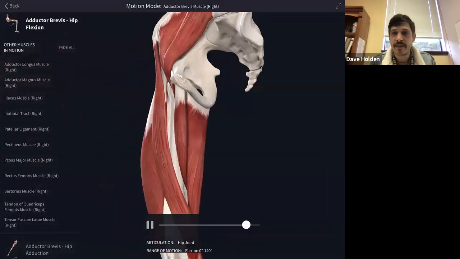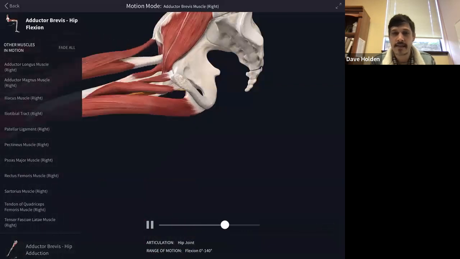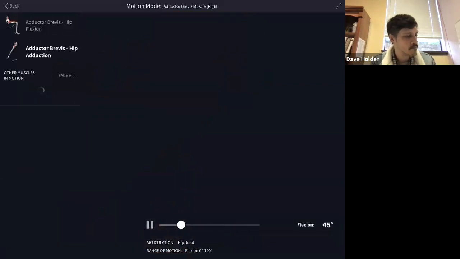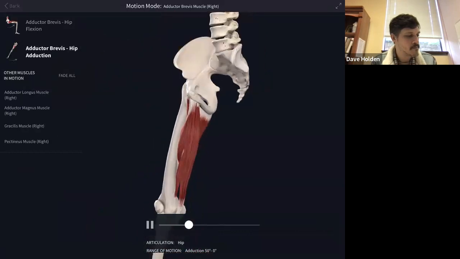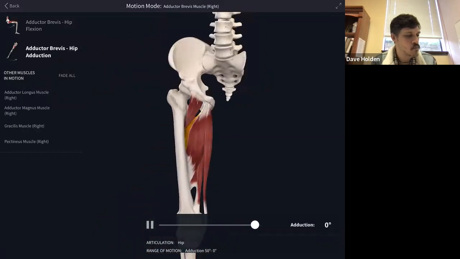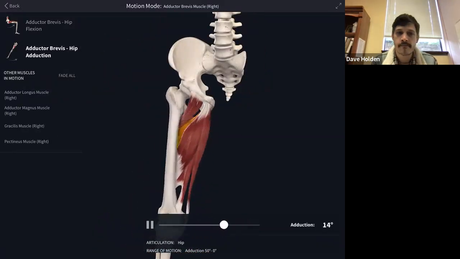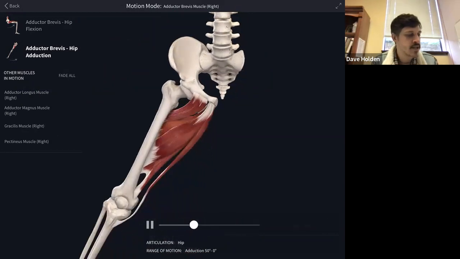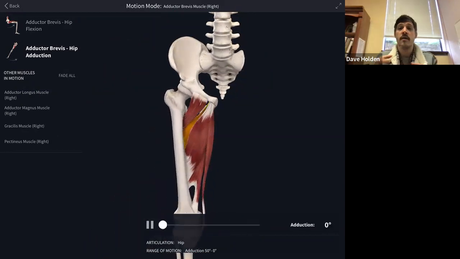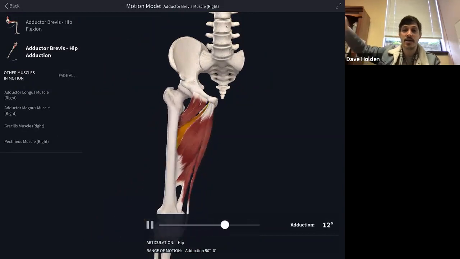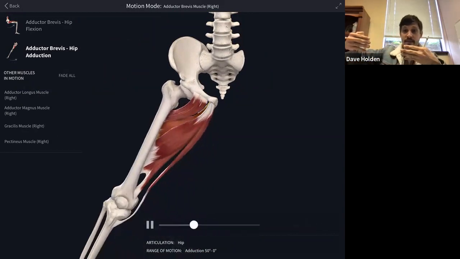But just like the adductor magnus. And so just like all the other muscles, guys, we start by bringing the leg into abduction, which will lengthen the fibers of this muscle.